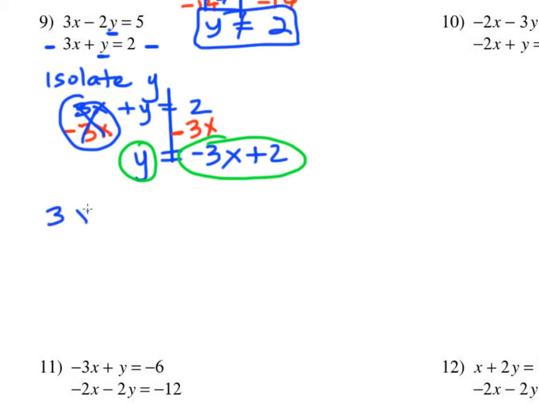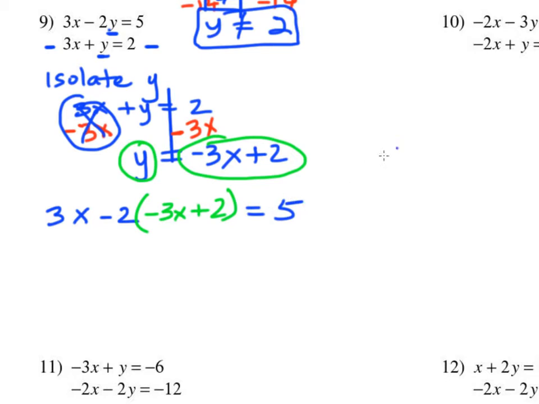So 3x minus 2. Now instead of writing a y, who is y's twin? In fact, I'll do it in green just to make that a little more clear. Instead of writing a y, I'm going to write this whole thing, negative 3x plus 2. So we have that equals 5, right?